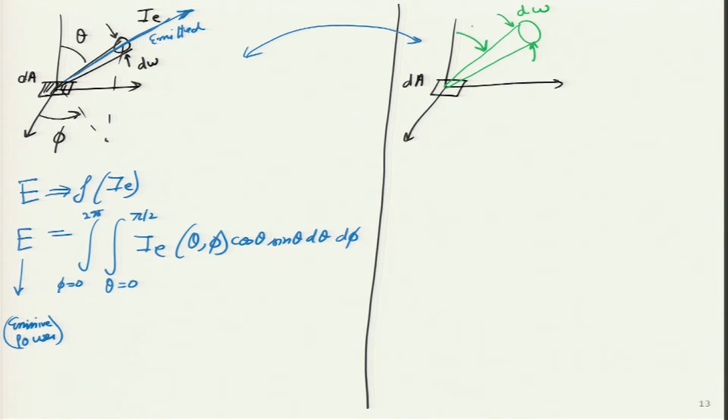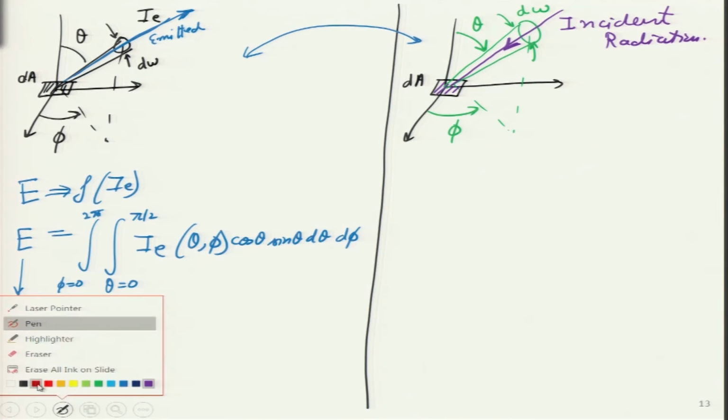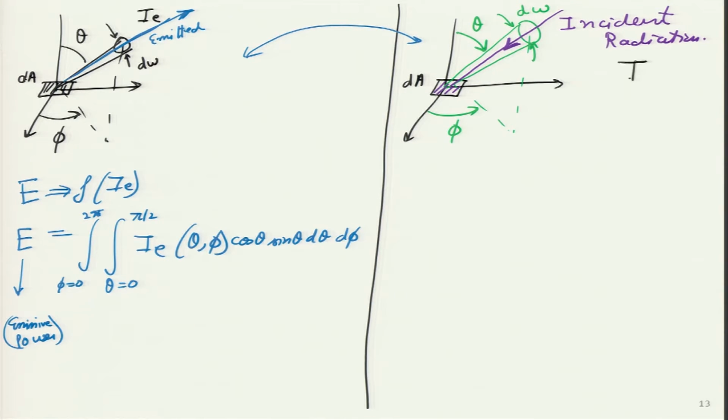which is given as the zenith angle is theta, the projection is over here, this angle is phi, and now the radiation is actually coming in the reverse, incident on this, which means it is like this. So, we are talking of the same surface dA, everything else is same, but instead of emitted we are now talking about incident radiation, which means now I can write it in terms of not I e, but I i theta and phi.